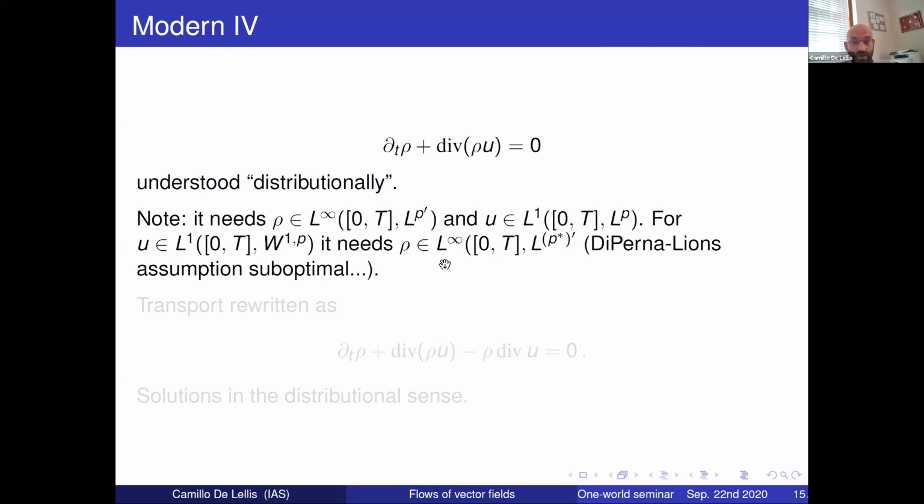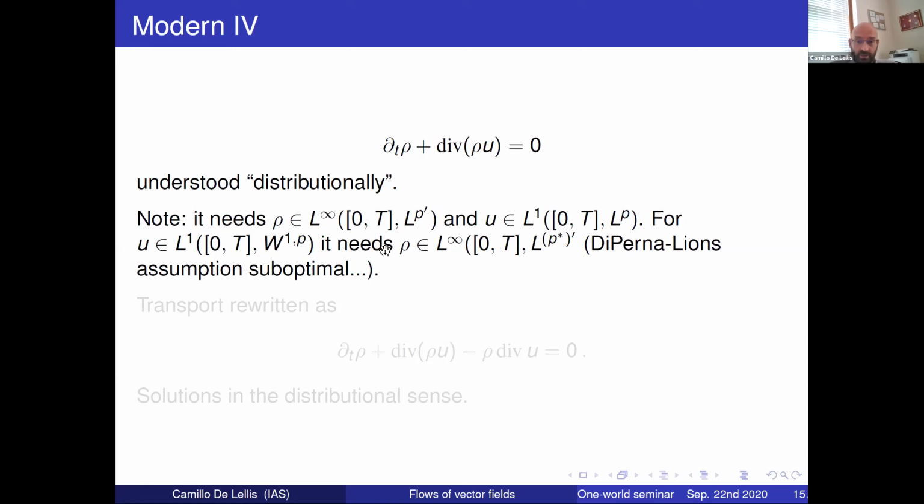So even though I can make sense of this equation for much less summable rho, in fact, the DiPerna-Lions theory has to assume a stronger duality between the exponents, that is p and p prime, to be able to apply the previous theory.